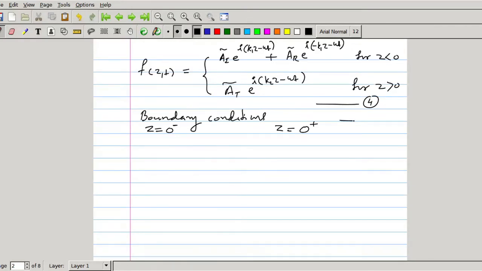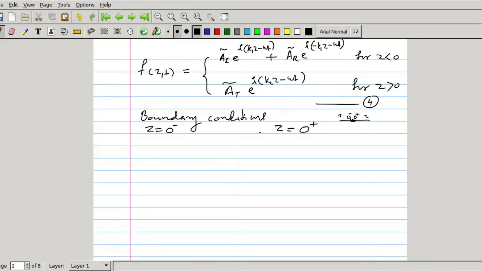If this is the node, and this is the first medium and this is the second medium, then an infinitesimal distance from this point towards the left is 0 minus and this point is 0 plus. So the displacement at this point will be the same as the displacement at this point. Otherwise, there will be a break at the node.